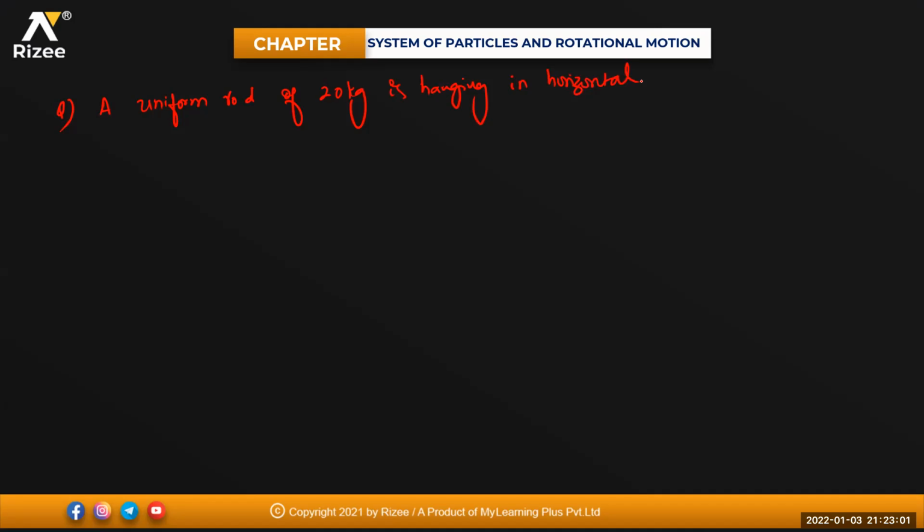A uniform rod of 20 kg is hanging in horizontal position. Everyone try to do this problem better. With the help of 2 threads, it also supports a 40 kg mass as shown in figure.